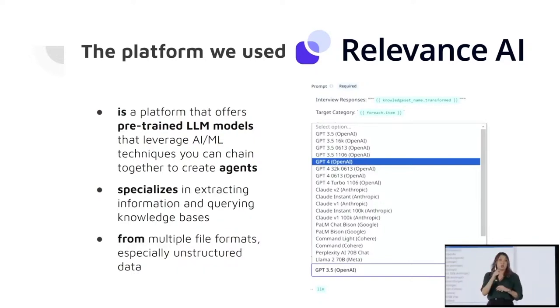It specializes in extracting information and querying knowledge bases in any format that you want. So basically, we as researchers can easily string together these tools and create these agents. But the tools are strung together based off of what each of those agents are trying to accomplish.